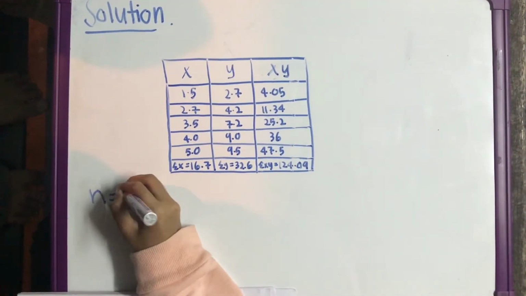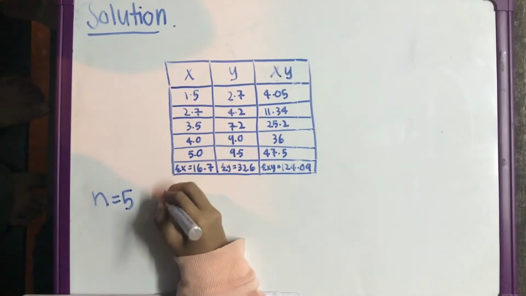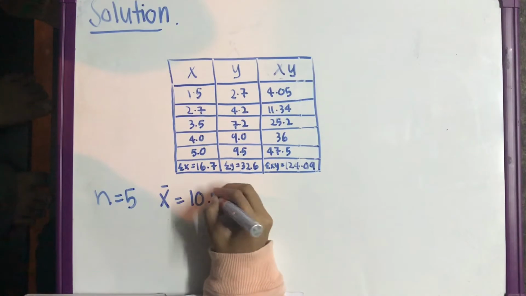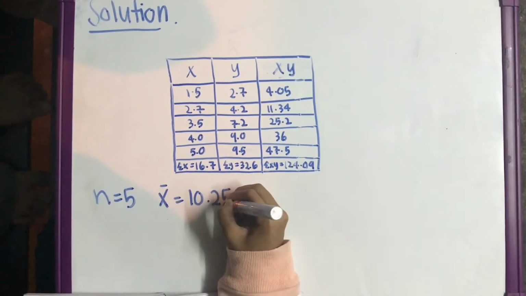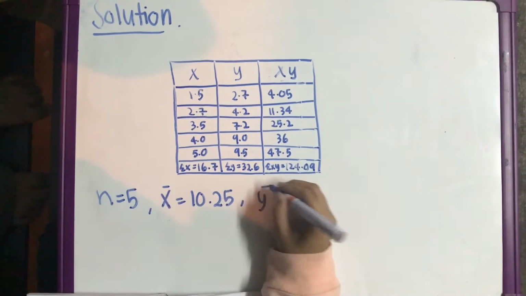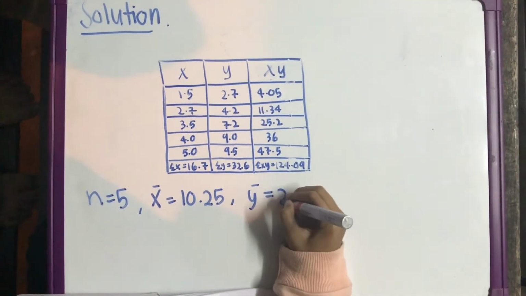Okay, firstly you must find the total number, which is n equal to 5, x bar 0.25 and y bar 20.5.